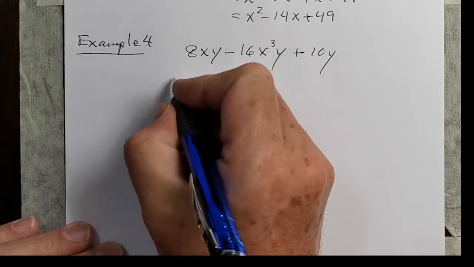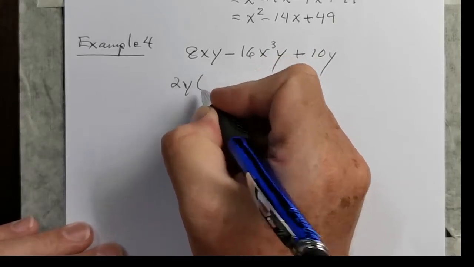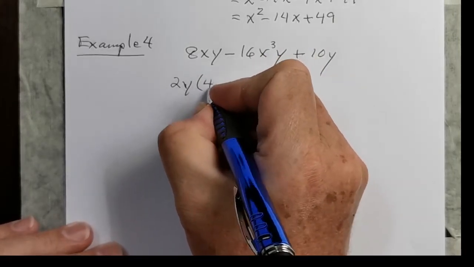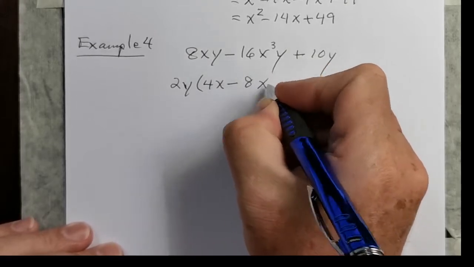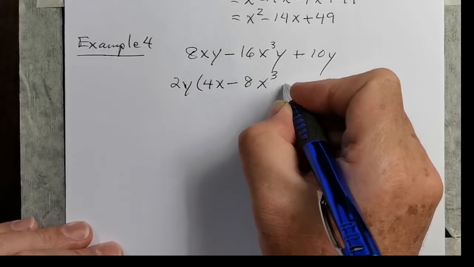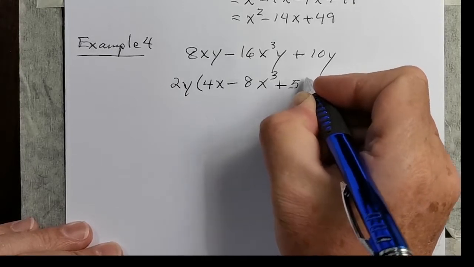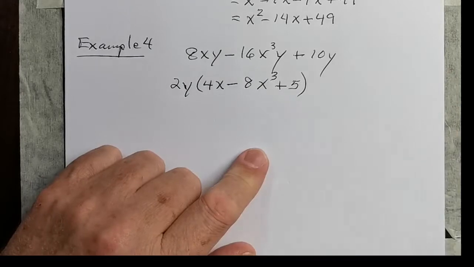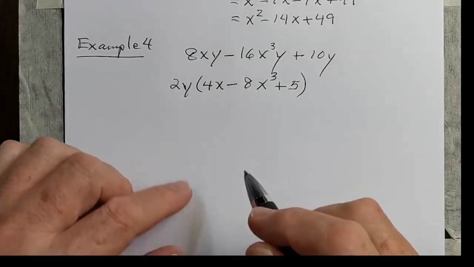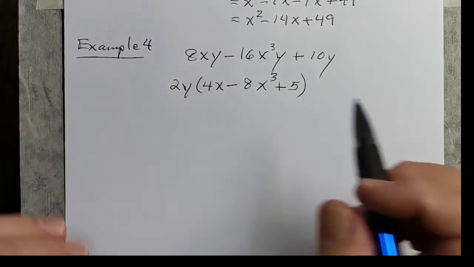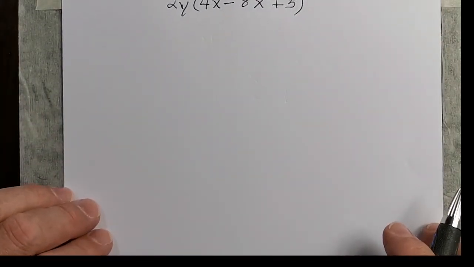So we can factor out 2y. 2y times the quantity 4x minus 8x cubed plus 5. So we factored out the greatest common factor, which is 2y. Not too hard. I think you guys can do that without difficulty.